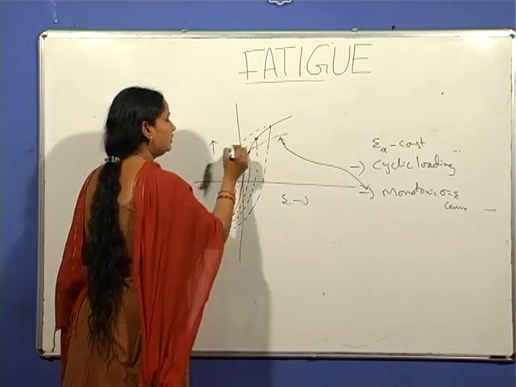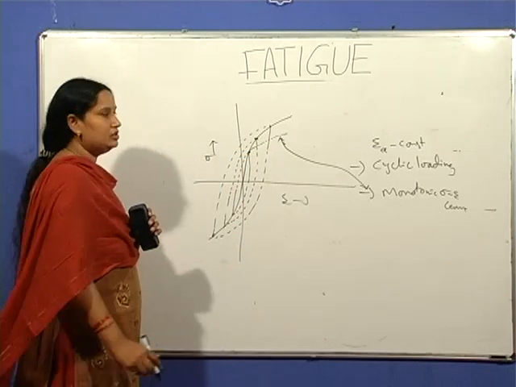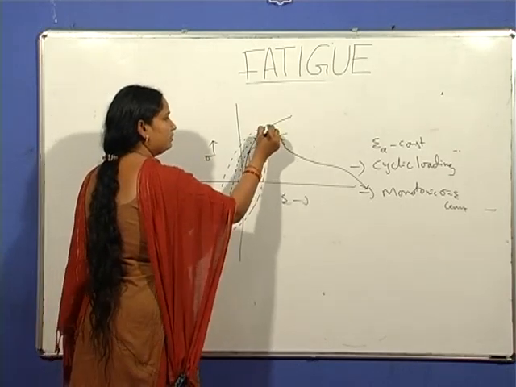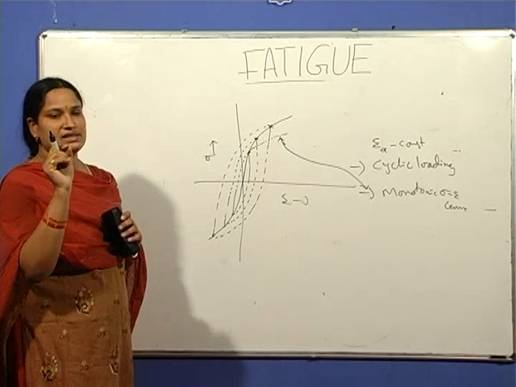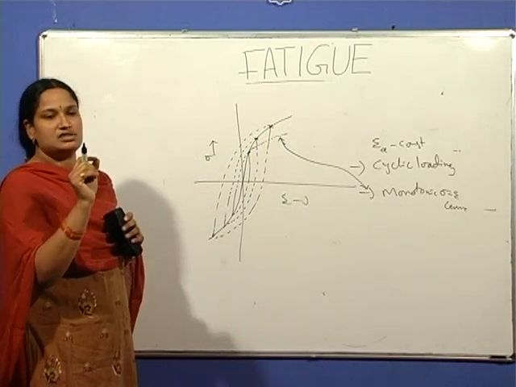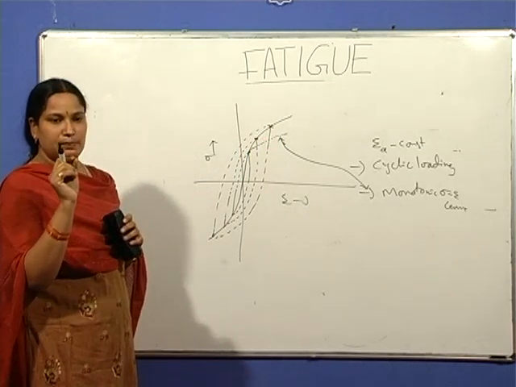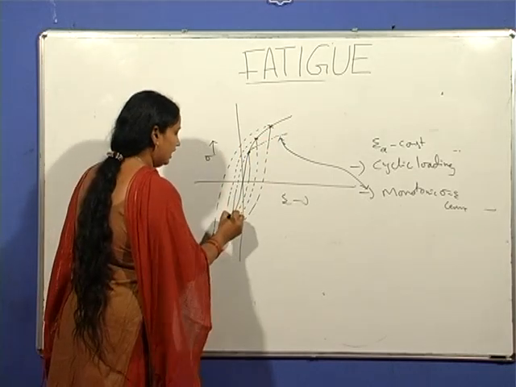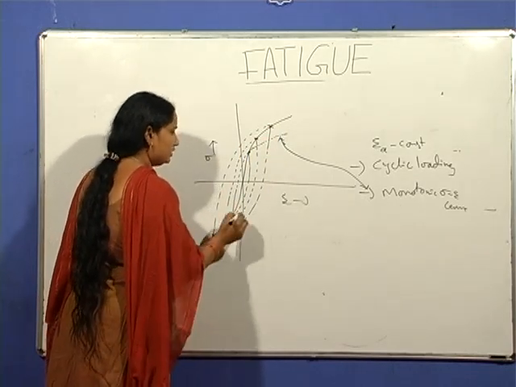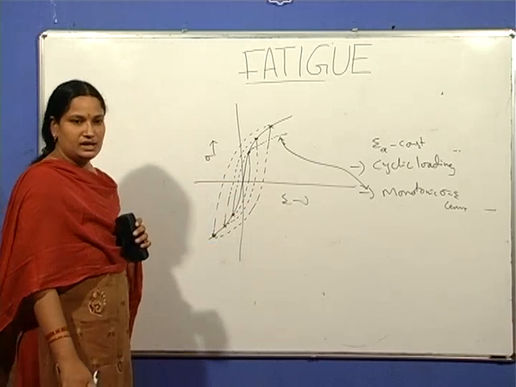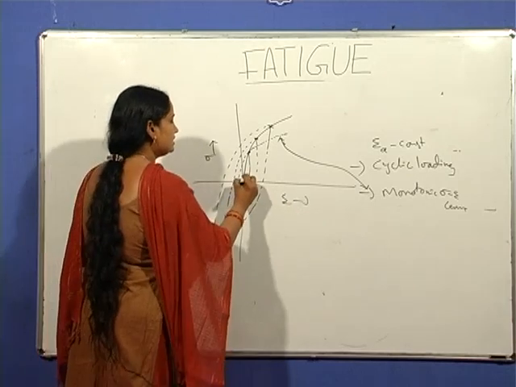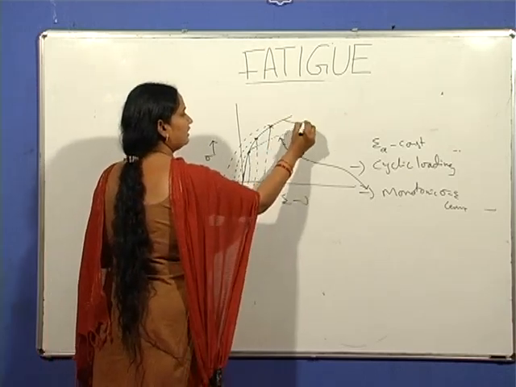Again the corresponding stress amplitude is taken. These points, the peaks of the hysteresis loops where the curve stabilizes, are joined with respect to the strain amplitudes. And so this is the cyclic stress strain curve.